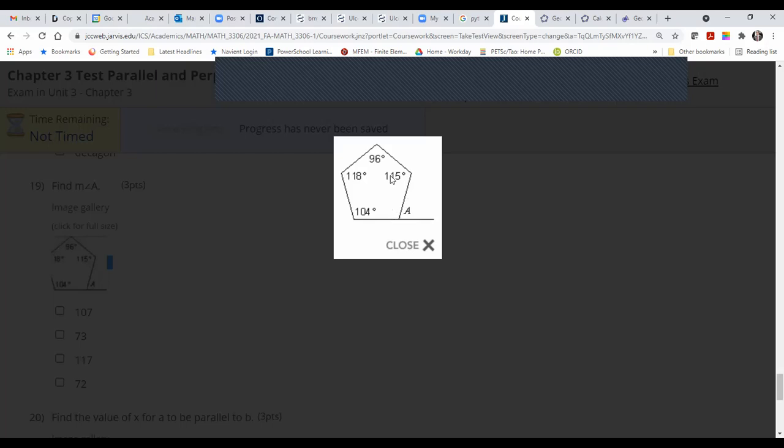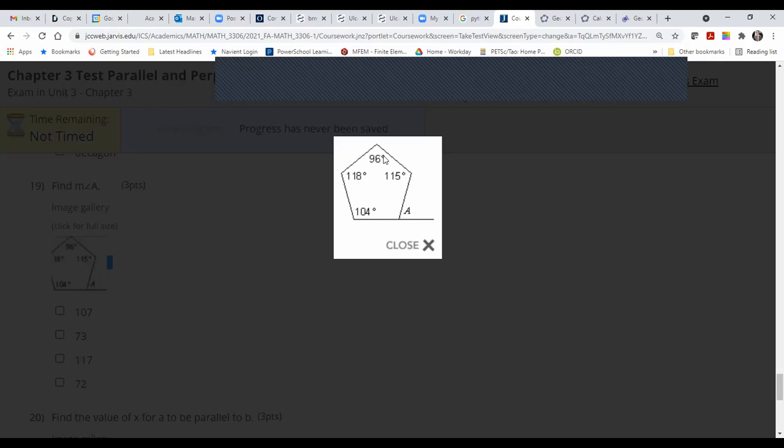So you need to find the sum of the interior angles of the particular pentagon. Right? I forgot the formula. For a pentagon, I think it's n minus 2 multiplied by 180, right?